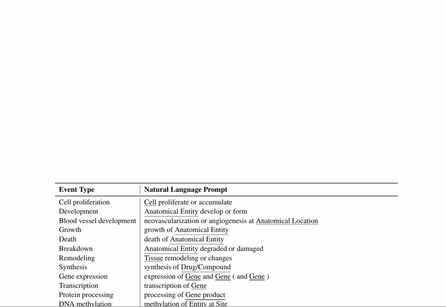These include cell proliferation, development, blood vessel development, growth, death, breakdown, remodeling, synthesis, gene expression, transcription, protein processing, DNA methylation, metabolism, catabolism, phosphorylation, dephosphorylation, pathway participation, localization, binding, regulation, positive regulation, negative regulation, and planned processes. Each prompt is structured to describe specific events or entities at particular sites, allowing for precise identification and analysis of these biological phenomena within the dataset.